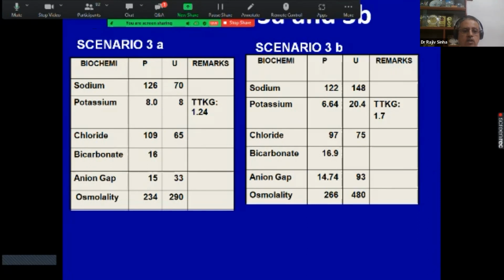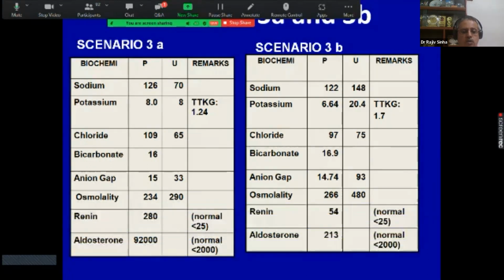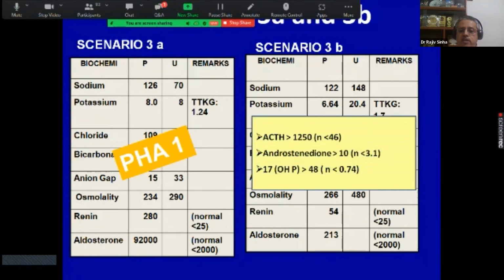So in our two children, what we did was we looked at the aldosterone. In the first child, the aldosterone was sky high, and we have a diagnosis of PHA 1. In the second one, the aldosterone was not that elevated, and further investigation proved it to be a case of congenital adrenal hyperplasia.